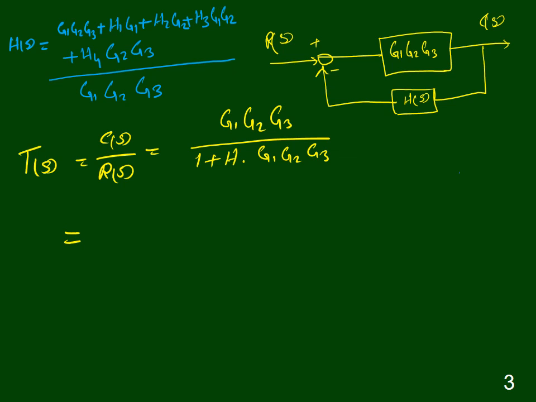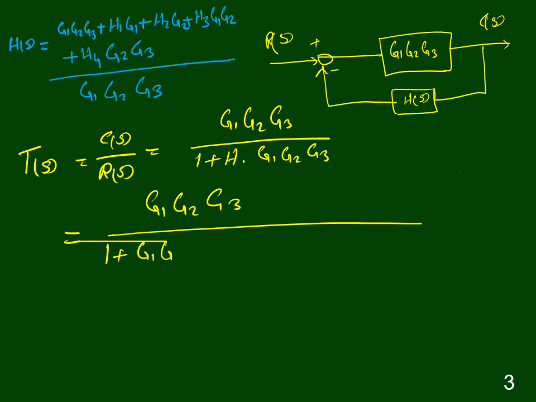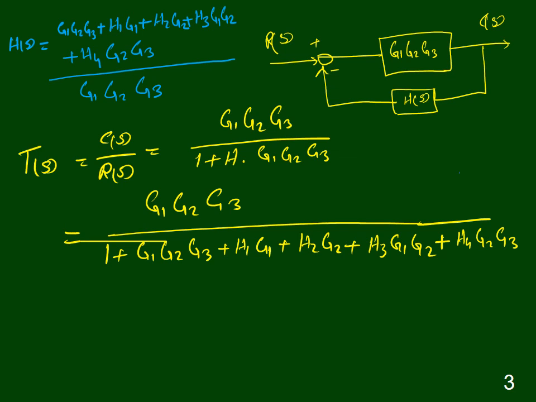So we will get G1 G2 G3 divided by 1 plus G1 G2 G3 plus H1 G1 plus H2 G2 plus H3 G1 G2 and plus H4 G2 G3. So this is the closed loop desired transfer function.